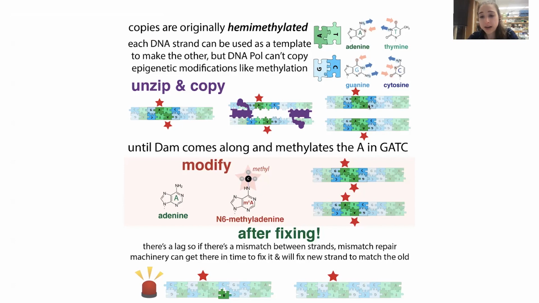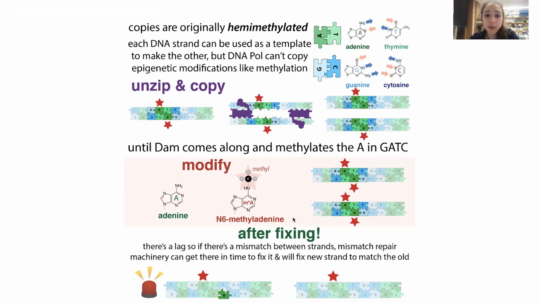This way, if there is an error in one of these, then the fixer enzymes that come and try to correct the error know which strand was the actual strand and which strand was the errored strand. So they can recognize if there's a mismatch, and if there's a mismatch, they can fix it to be complementary to the strand that was methylated, because that would be your parent strand.